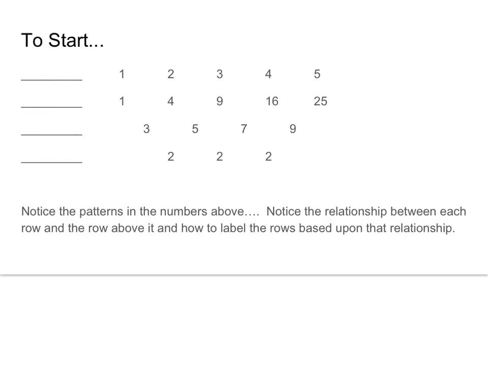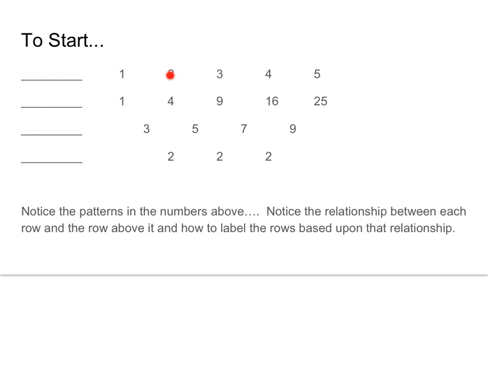Okay, first thing we're going to do is try to look at the patterns we have here. So we're going to look at the relationships between each row and the row above it and the row below it. To start out, you see here I have a row of sequential numbers, then the next row.